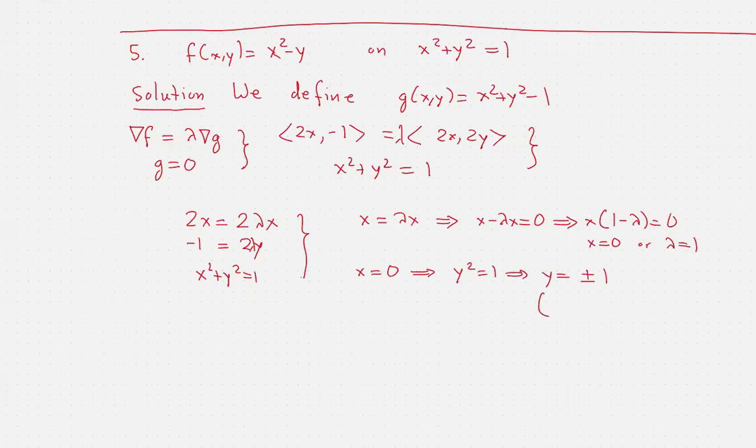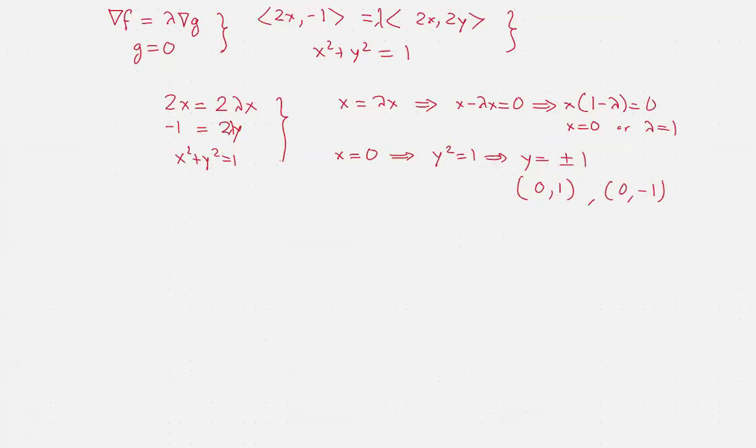On the other hand, if lambda is 1, then we go into the second equation, which gives us -1 is equal to 2y, which means that y is equal to -1/2.